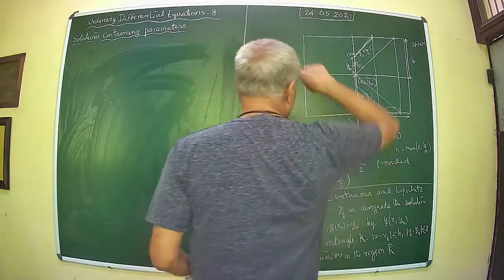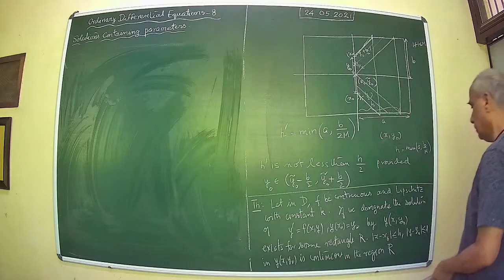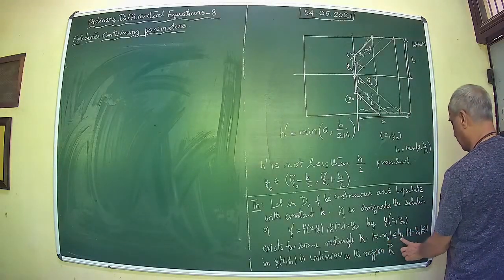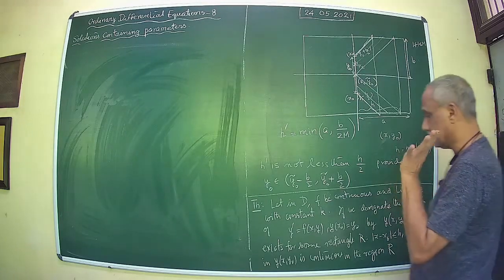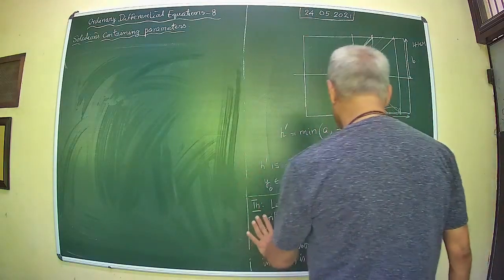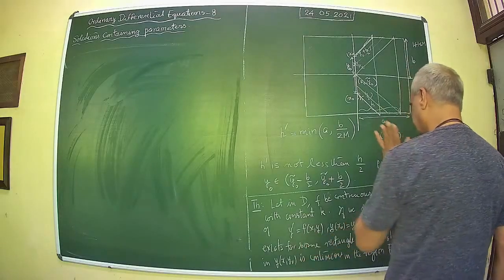So you see that you have a rectangle now. It's a different rectangle that you are talking about now. |x - x0| ≤ h, |y - y0| ≤ L is a rectangle R on which the graph of the solution exists.